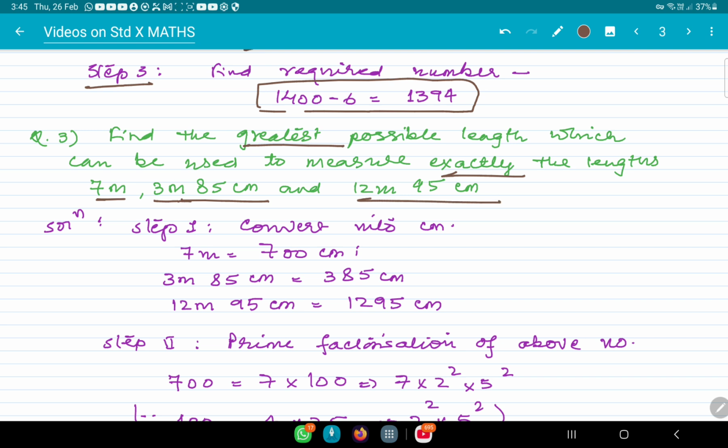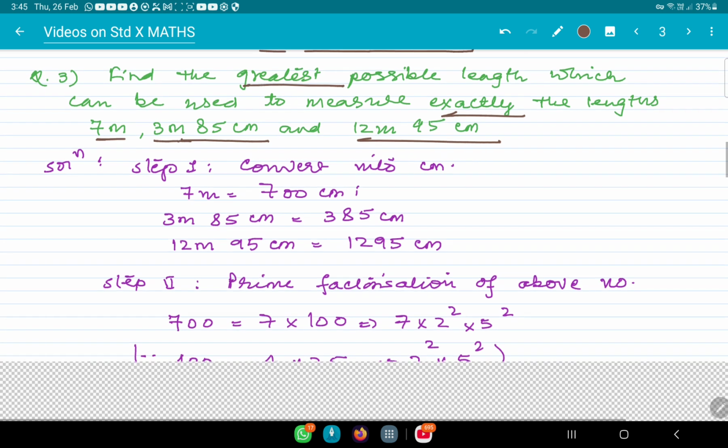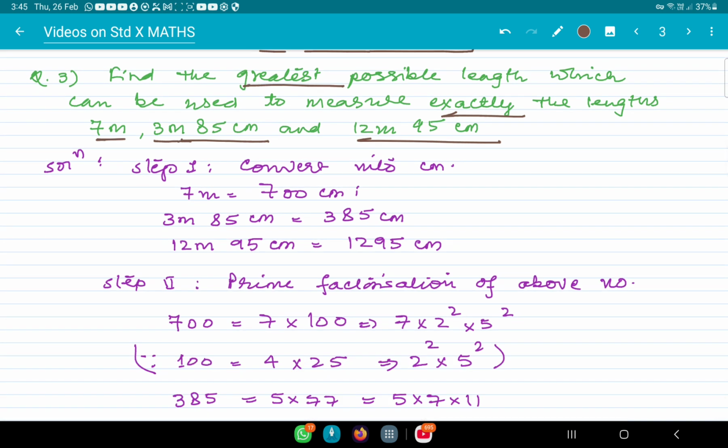So in the solution, first we will make them one unit, meaning all numbers should be in the same unit. So step 1 is convert into centimeters. 7 meter is 700 centimeter, 3 meter 85 centimeter is 385, and 12 meter 95 centimeter is 1295 centimeter. As we know, 1 meter is equal to 100 centimeter.